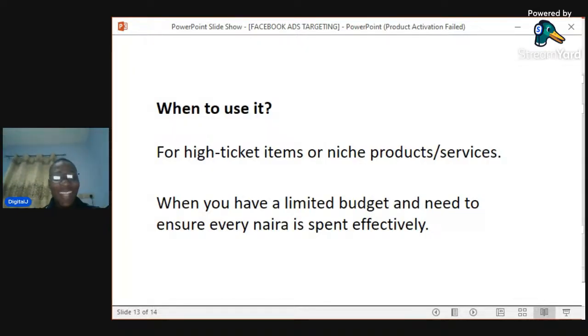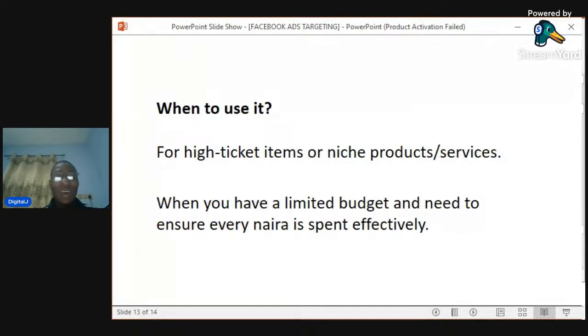Okay, so what it means is that you use now targeting. Let's say that you're running the ads to your WhatsApp DM, right? Once someone messages you from your ad, you make sure that that one person converts. Understand? Because you have done a detailed targeting.